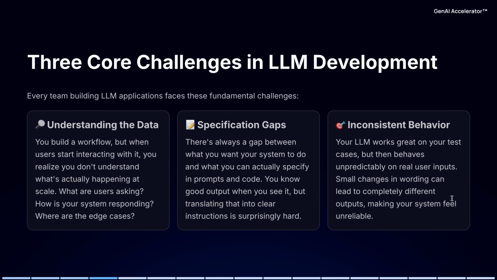Now, then it's about the specifications and more specifically the gap within there, because there's also always a gap between what you want your system to do and what you can actually specify in your prompts and code. So you know a good output when you see it, but translating that into clear instructions can be surprisingly hard. So for this, think about the example within the customer care domain, right? If you see a user question and an answer, it's for us as humans pretty easy to spot and identify whether it's an appropriate answer, especially if you know the business context.